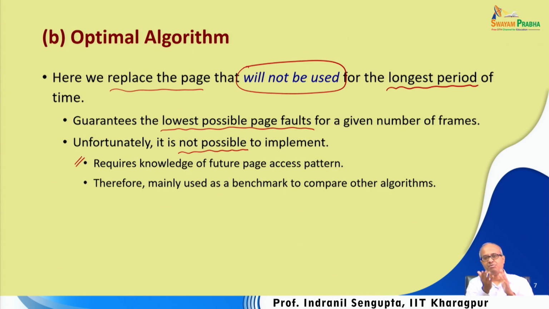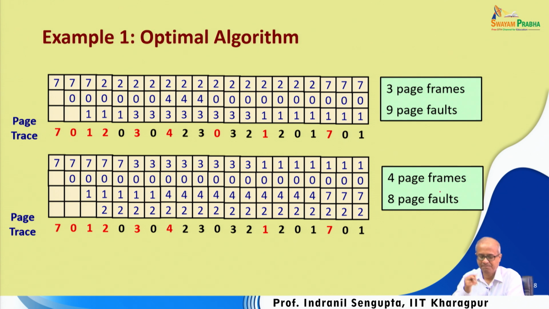So, the optimal algorithm will give you what is best. With respect to that, you can compare other algorithms. That means, this is mainly used as a benchmark for evaluating or comparing other algorithms. Okay. So, let us work out that same page reference string for the first example, for this one as well.